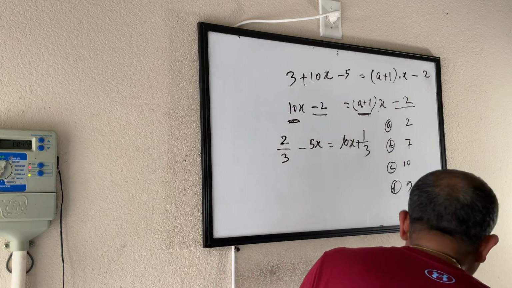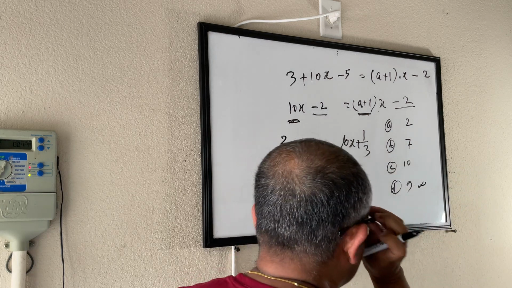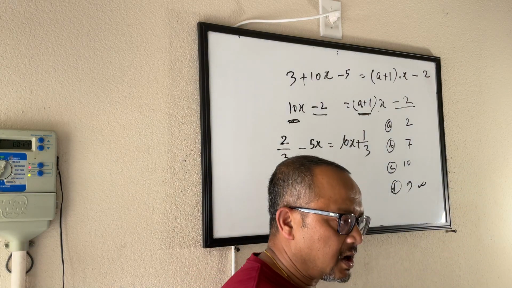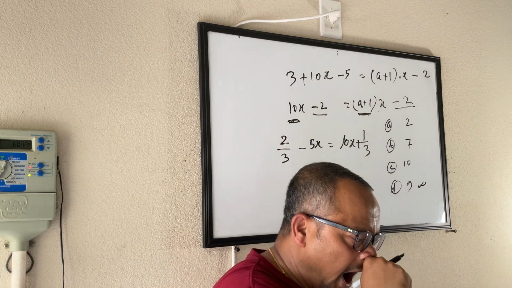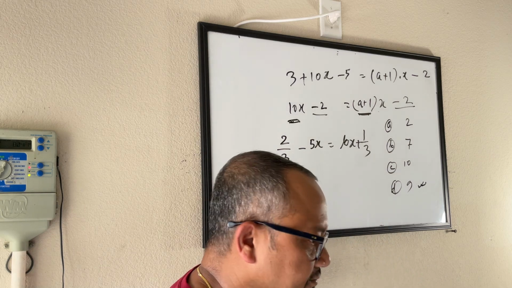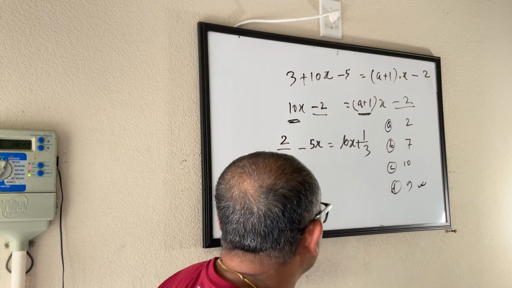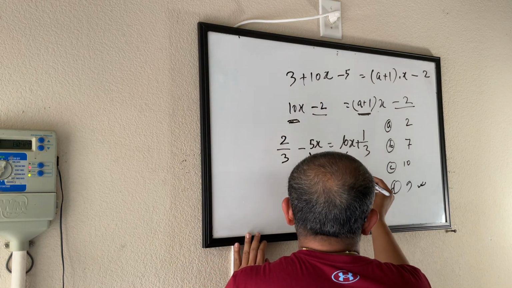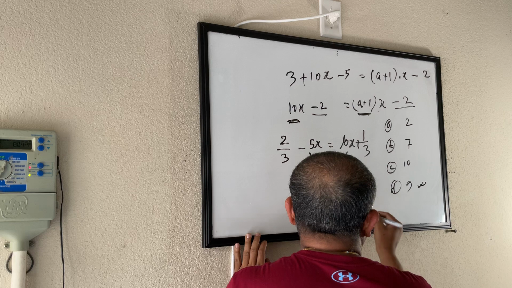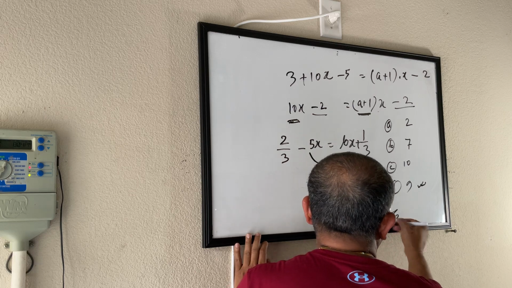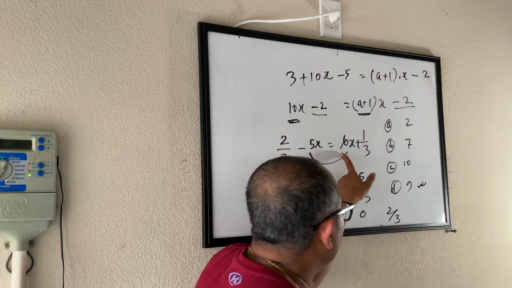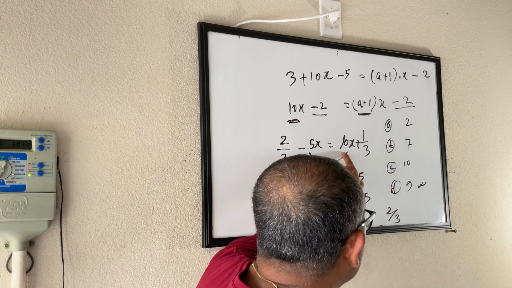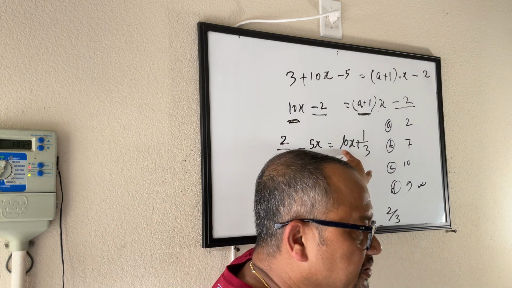It says under what circumstances it will have no solution. And you have options such as 5, minus 5, 0 and 2/3. Under what circumstances for the value of b will you have no solution?